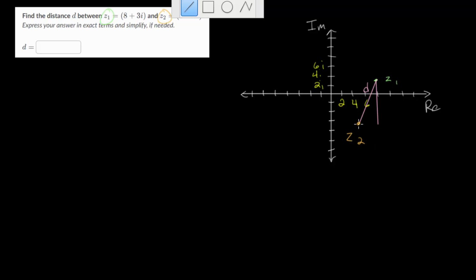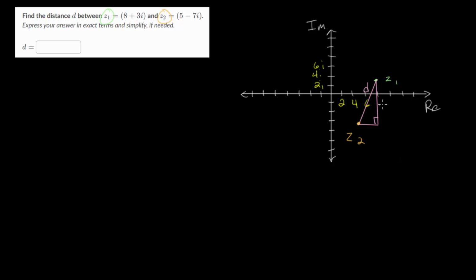Then we draw a horizontal line, which starts at a real value of 8 and goes to a real value of 5, which is the real part of z2. And again, this creates a right triangle.